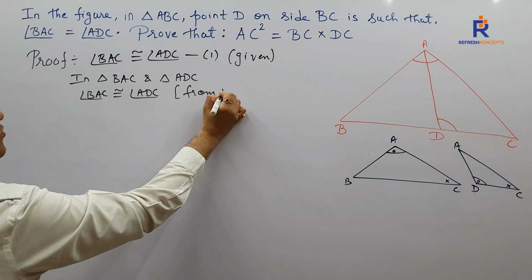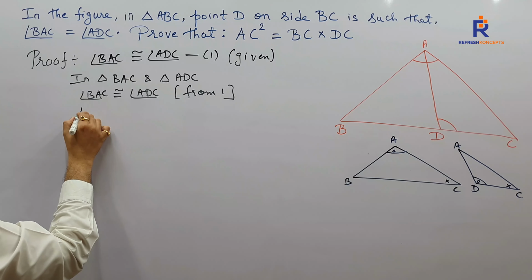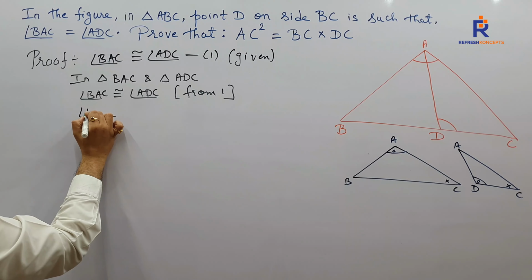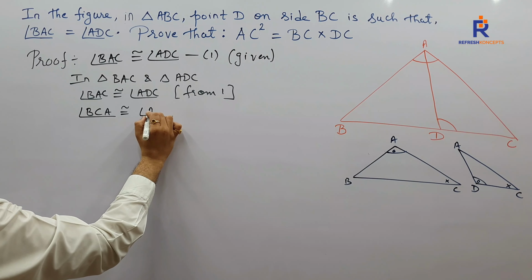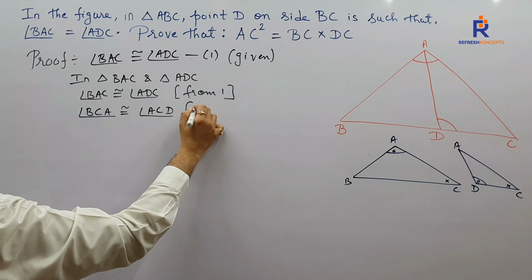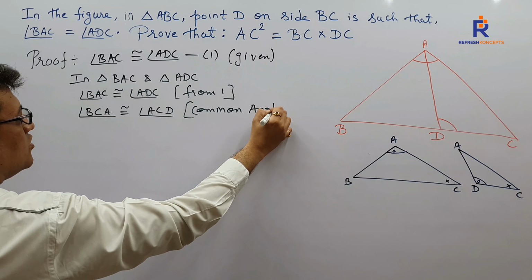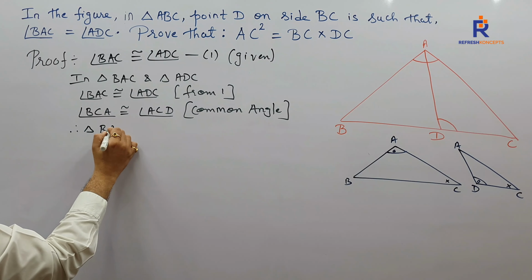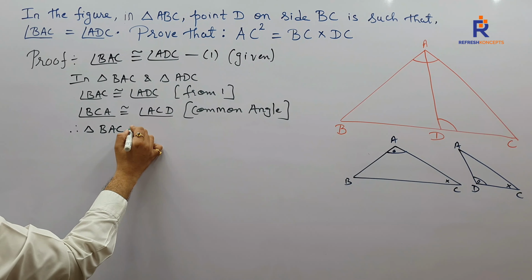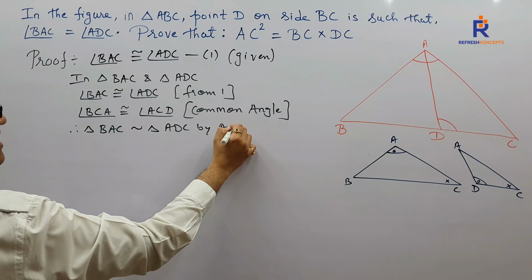From 1. Next, angle C is common, so we write angle BCA congruent to angle ACD, common angle. What next can I say? Therefore, triangle BAC is similar to triangle ADC by AA test.